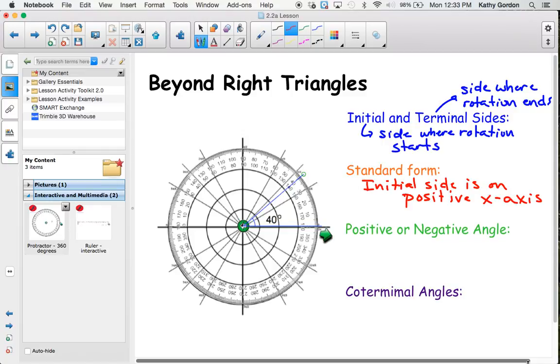The origin of the axes is the center of your circle. It's where the vertex of your angle is going to be, because that's where the rotation happens. So if you think about those lines as x and y axes, then the positive x-axis is where our initial side always starts when we talk about being in standard form. And you rotate from there.